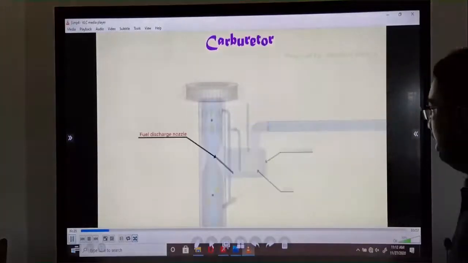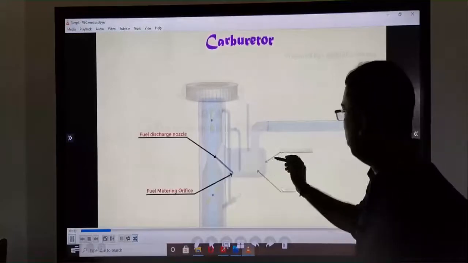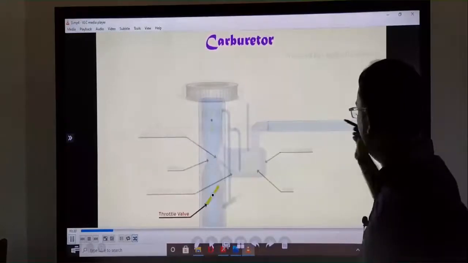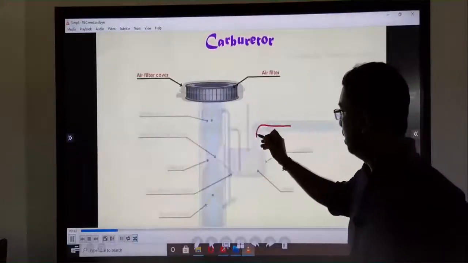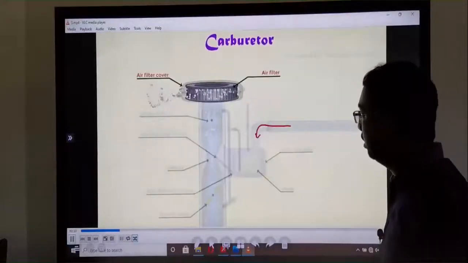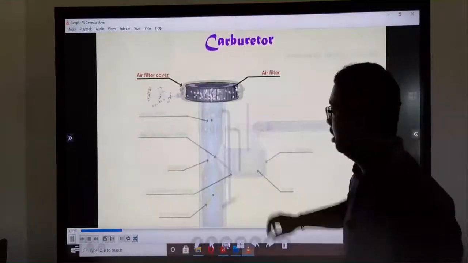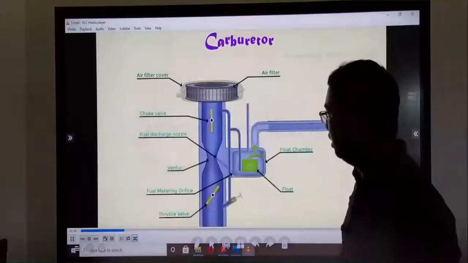So you can see here, I already told there is a float, the float chamber. The fuel comes from the tank. This is a choke valve, this is a venturi.